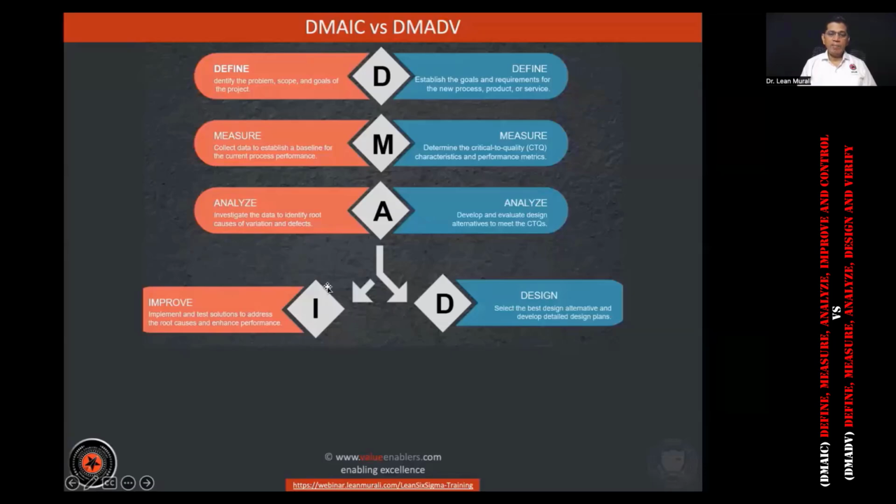Whereas in DMAIC, we analyze and start improving the current process by implementing and testing the solutions to address the root causes, so that the root causes are addressed and the performance is enhanced. Whereas in DMADV, we make different designs and we evaluate the best alternative designs.